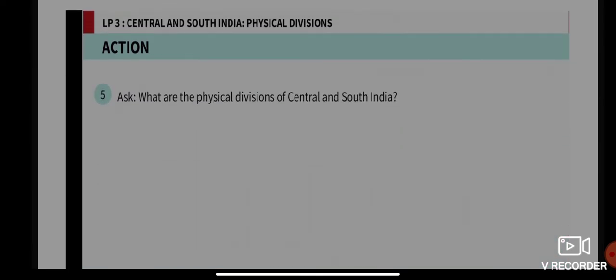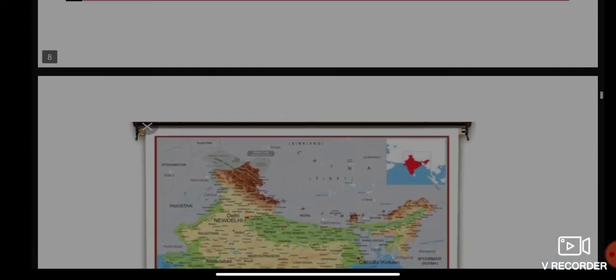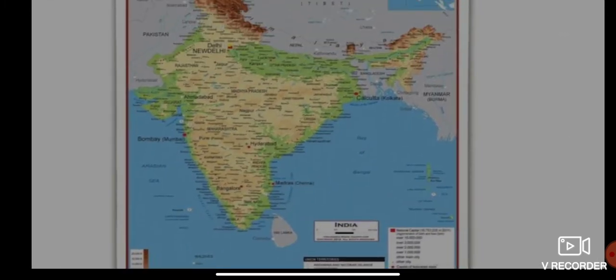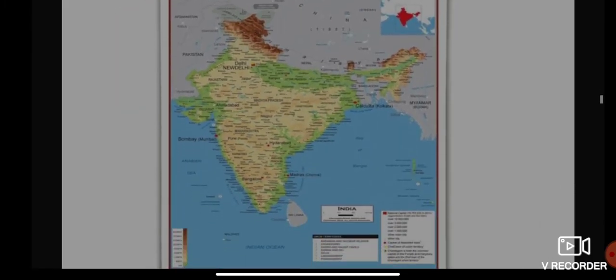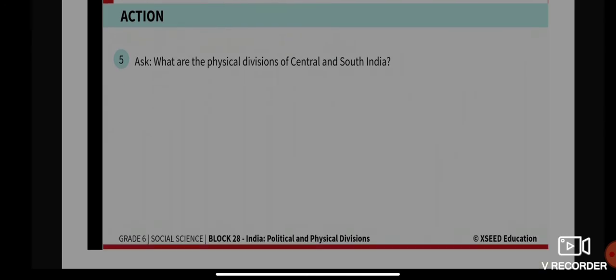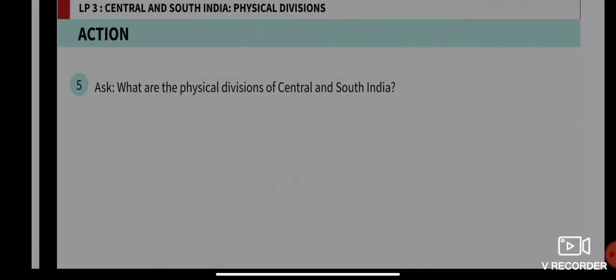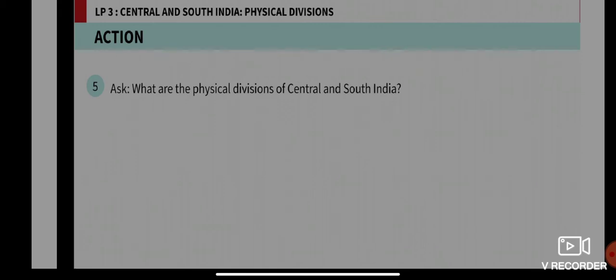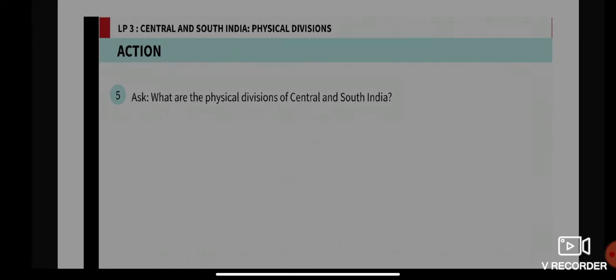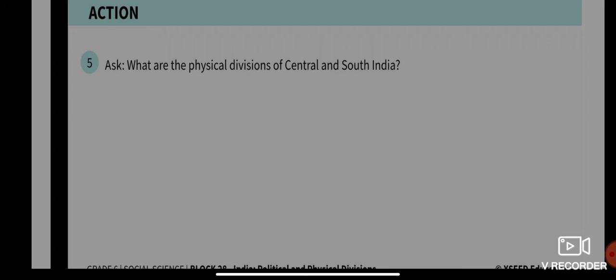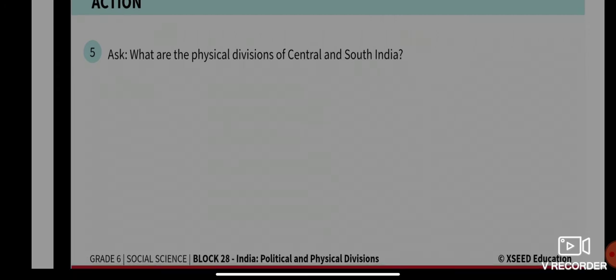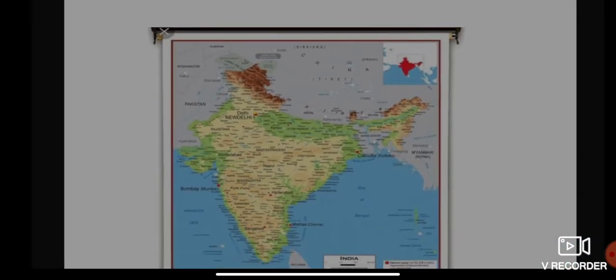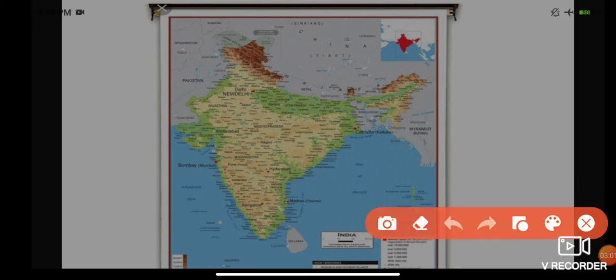Now, from your map, the physical map of India, what are the physical divisions of Central and South India? After your observation, you will come to know. Remember, Central India is this one, and South India is this.